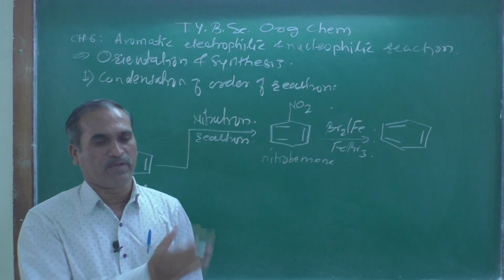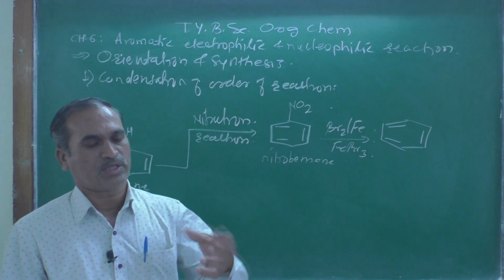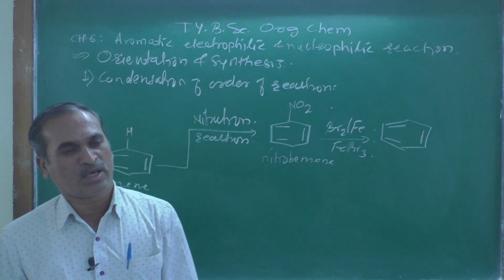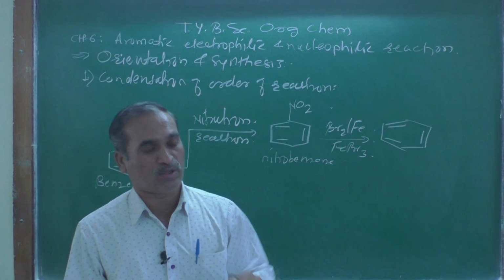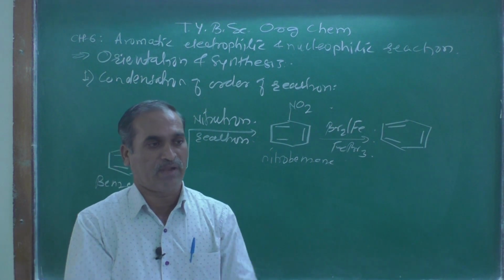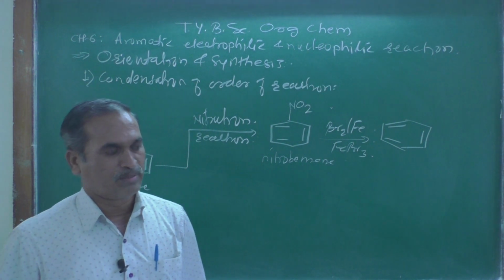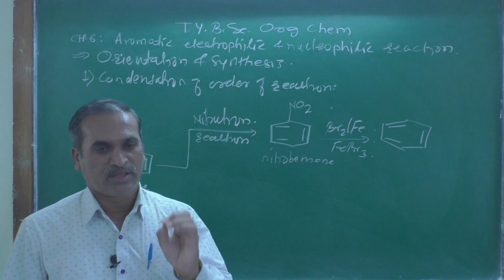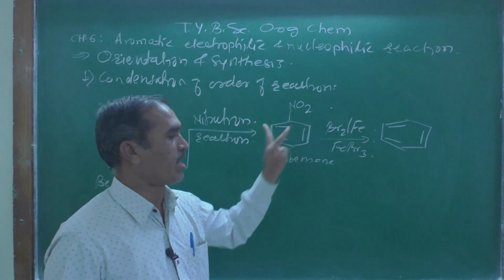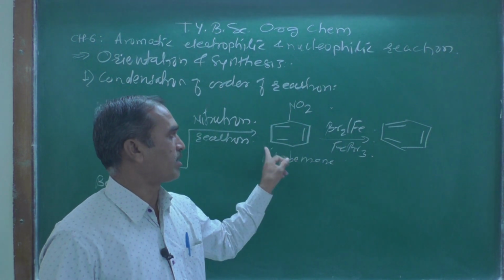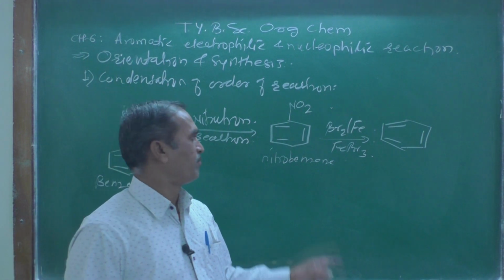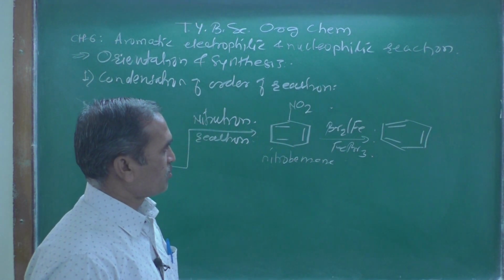As we have seen in a previous lecture, the nitro group, even though it is an electron withdrawing group, deactivates all the positions. In a monosubstituted benzene there are three positions: these two are identical and termed ortho, these two are termed meta, and the position exactly opposite to the nitro group is known as para.